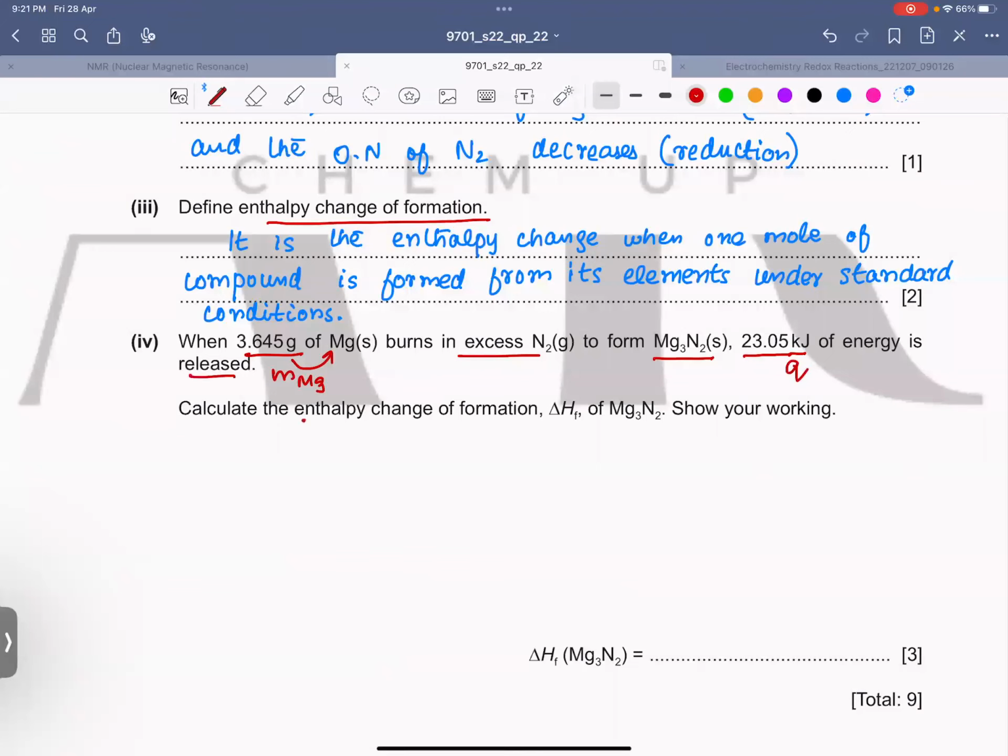Calculate the enthalpy change of formation. Show your working. So if you recall, they have provided you the energy that is released during the reaction. So there is one expression that we discussed, is, yes, for what chemical, Virat?